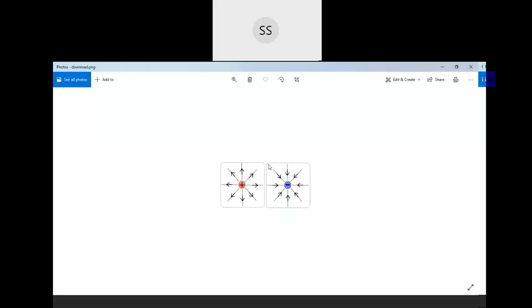Take a screenshot of this picture. So these are the directions of electric field lines due to a positive source charge, and of electric lines of force due to a negative source charge. These lines are called electric lines of force or electric field lines.